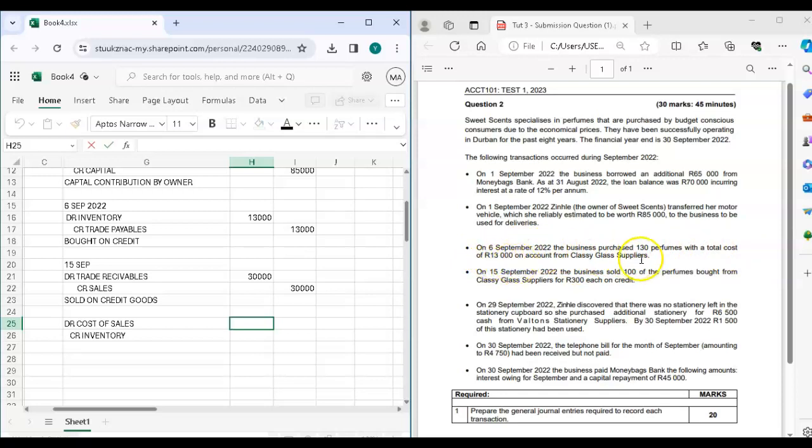So take 13,000 divided by 130, that gives you 100 Rand. So 100 Rand is for one, but you sold 100, so that's 10,000. So your cost of sales will be 10,000. So debit and credit 10,000. Then you say cost of goods sold.